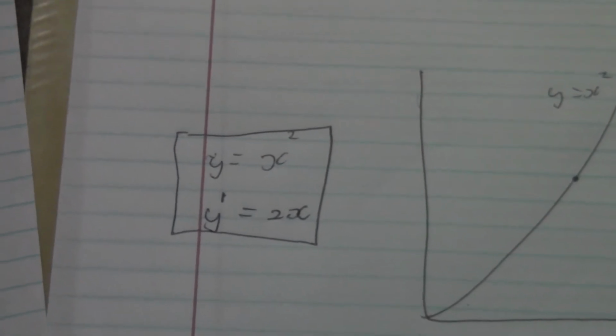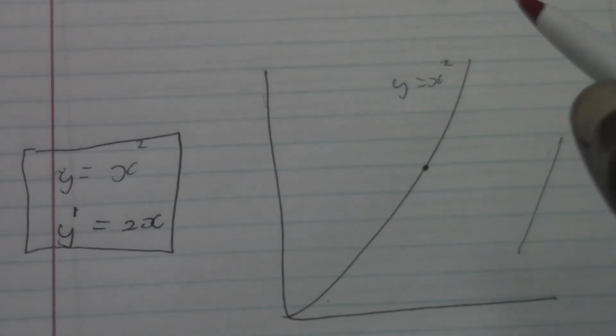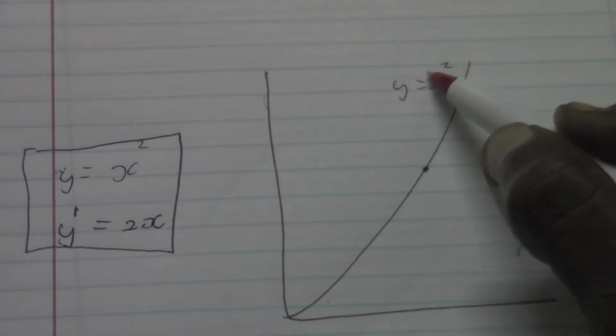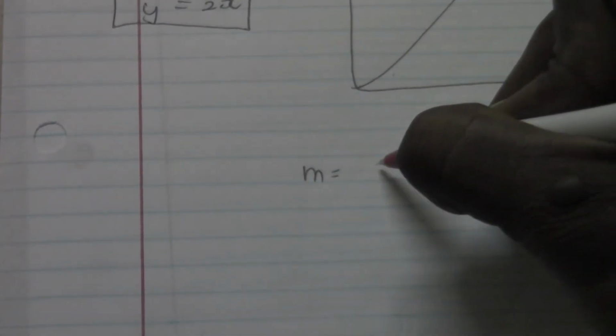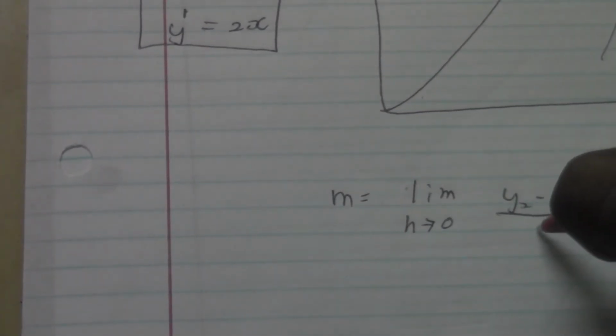So if the gradient is the derivative, then when I find a gradient at a point of this function, I'm supposed to get 2x. So we go. We say m is equal to the limit as h goes to 0 of y2 minus y1 over h.